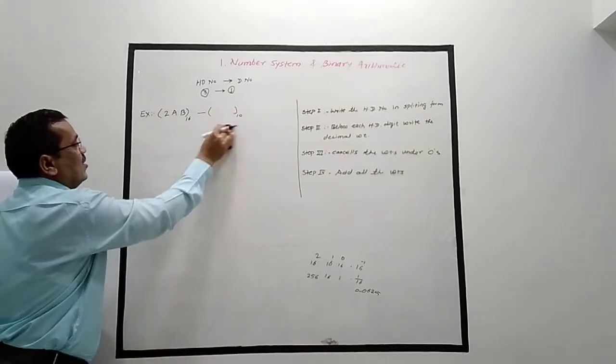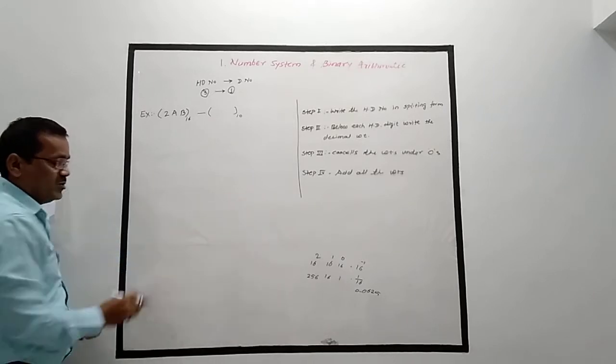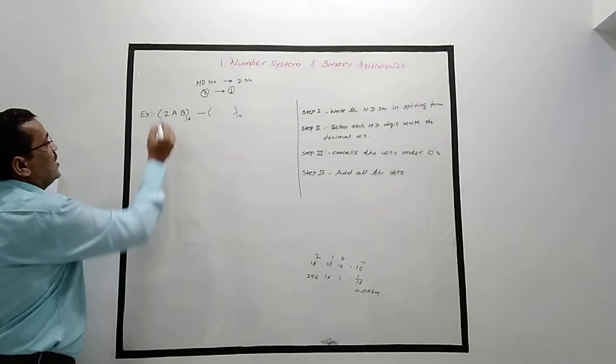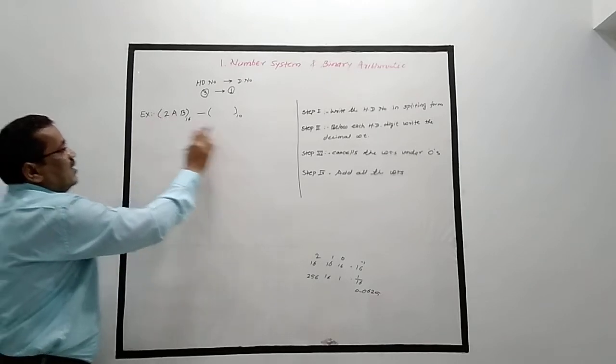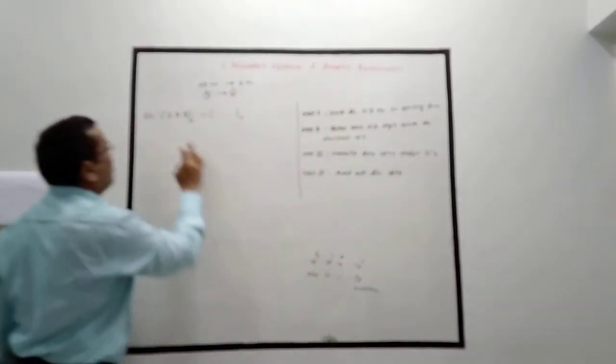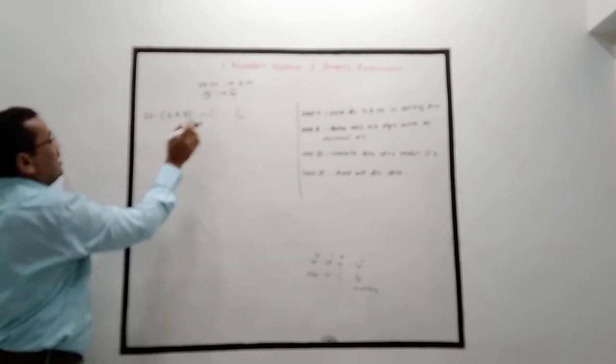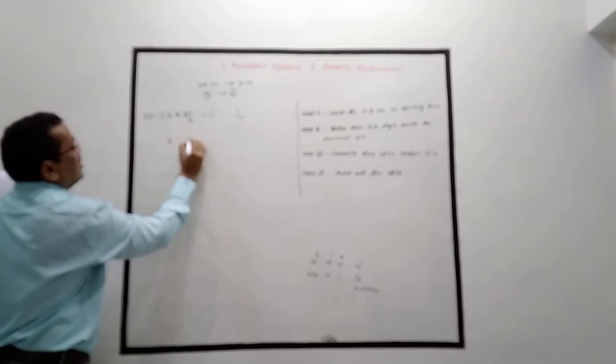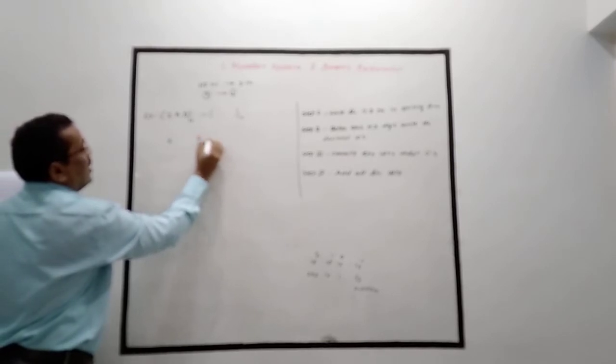Now we have a procedure, and according to the procedure, the first step is to write the HD number in splitting form. This number you can write in splitting form, that is 2AB.